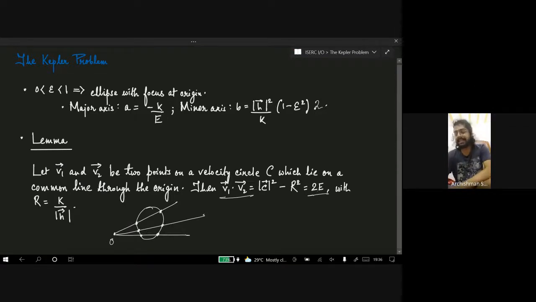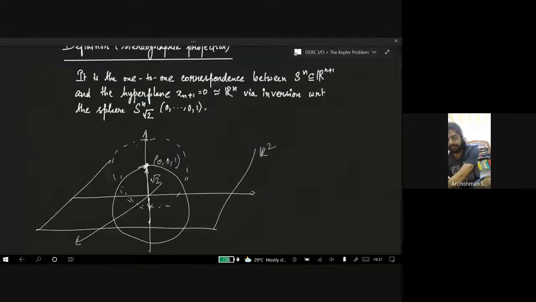So in this case, if I have e to be minus half, then you note that v1 dot v2 is equal to minus 1. So I can interpret a velocity circle as coming from a stereographic projection.